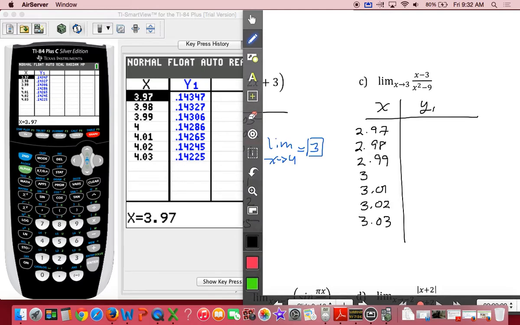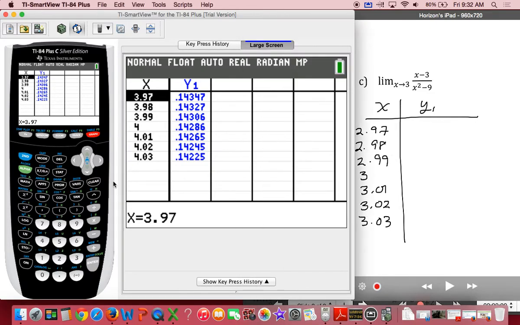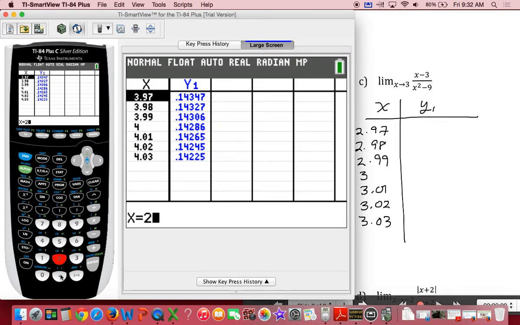And so we're going to plug those values in here. And as expected, we got an error message.